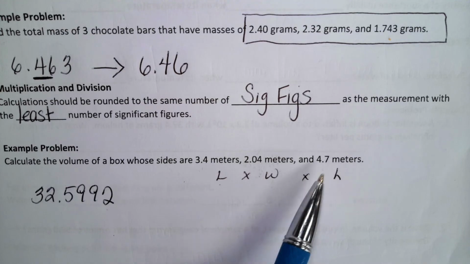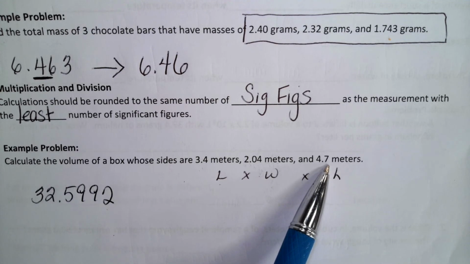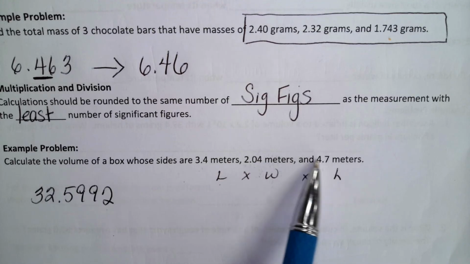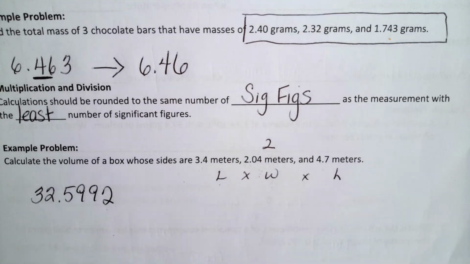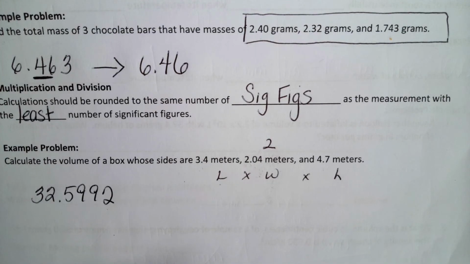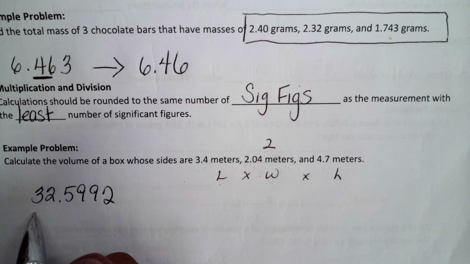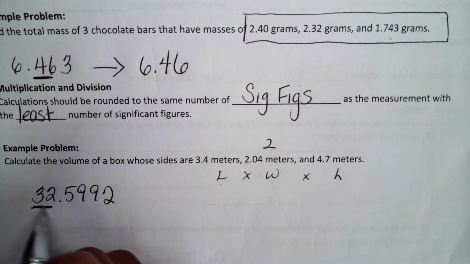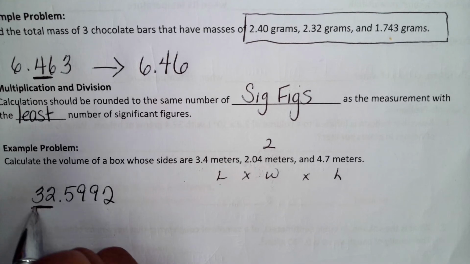And then 4.7, how many does it have? So the least number of sig figs between all three of these numbers is 2. So we can only have 2 sig figs in our number. Only 2 sig figs. So I'm going to underline the first 2 sig figs that count.